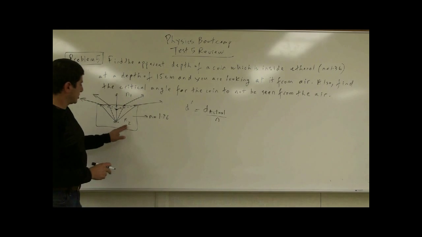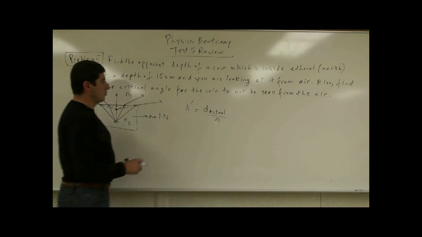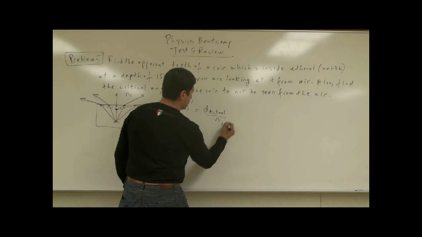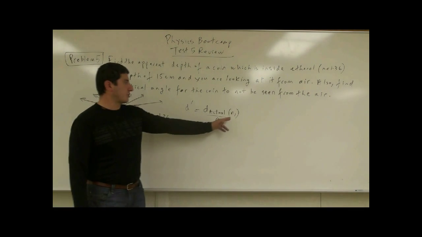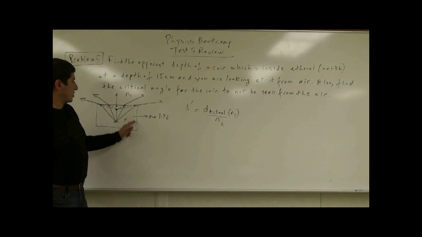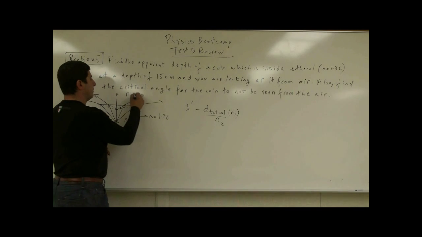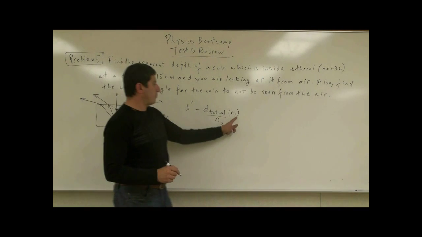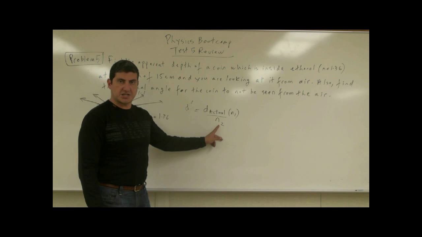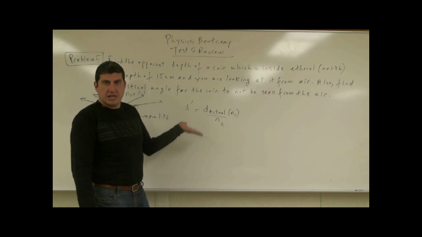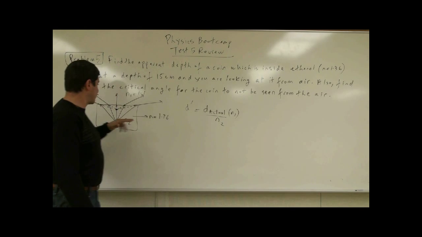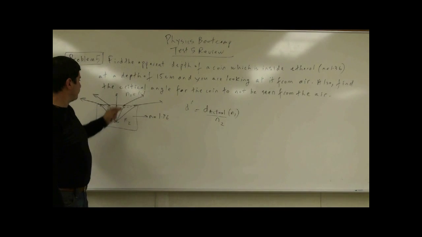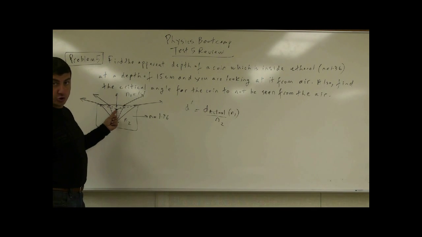The larger one goes on the bottom, the smaller one on the top. So if it was, for example, 1.36, and if n1 was 1.1, it'd be 1.1 over 1.36, right? So it would appear again as if it was closer to the surface. As long as this medium is lighter, the object looks as if it is closer to the surface.